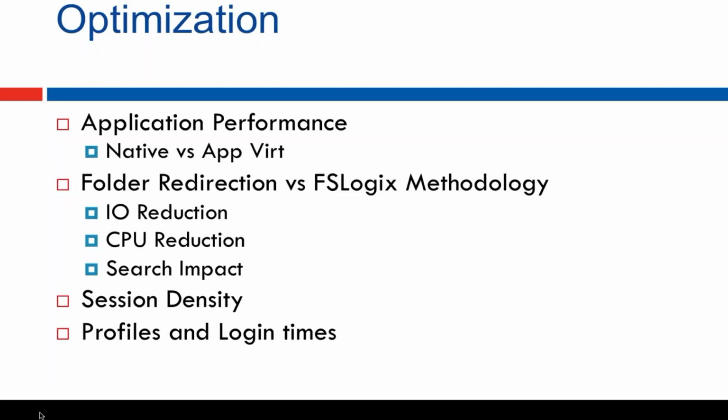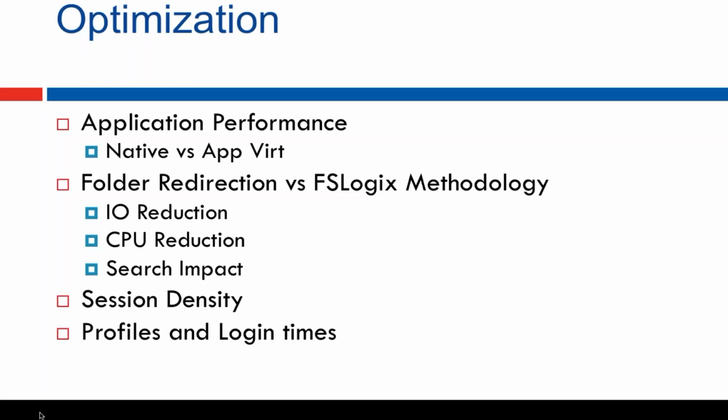If I'm able to squeeze 5 more users onto a Citrix server, there's a value there. That means I can reduce the number of Citrix servers I have to maintain or purchase or upgrade, et cetera. And that ultimately comes down to what we call VTax or HP tax or Dell tax, whatever you want to call it. Reducing the amount of those physical devices needed in the data center means a savings to IT.